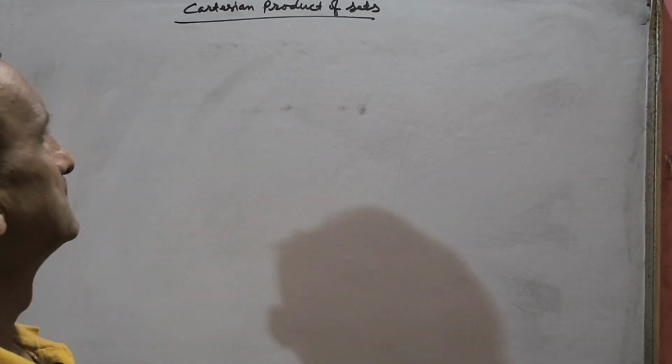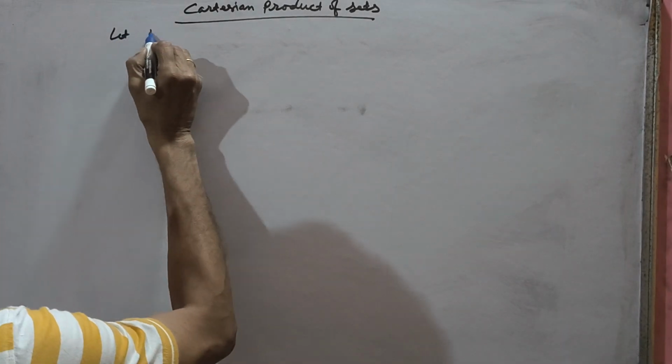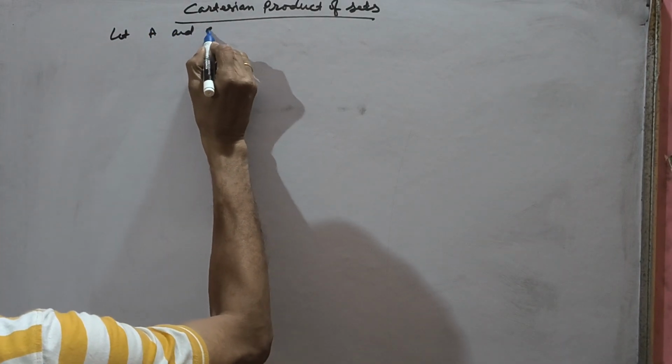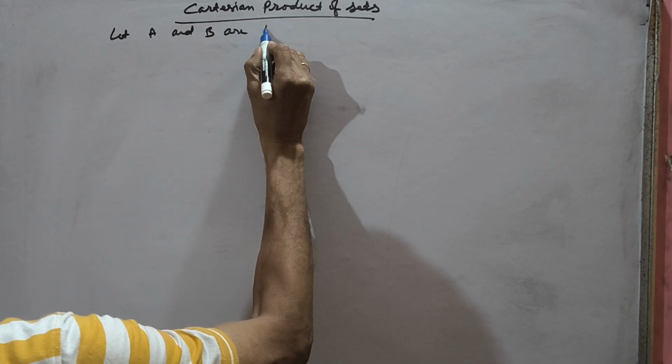So first write the definition. See the definition. Let A and B be two sets.